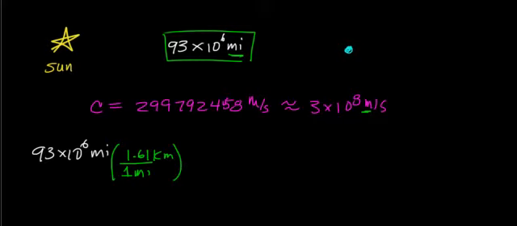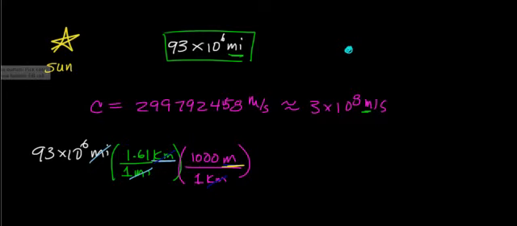And what you should immediately see is that this unit of miles cancels out with this unit of miles. You're left with units of kilometers. So now what you're going to do is convert units of kilometers over to units of meters. So you know that 1 kilometer is 1,000 meters. And what you should see is that this unit of kilometers cancels out with this unit of kilometers, and you're left with units of meters.